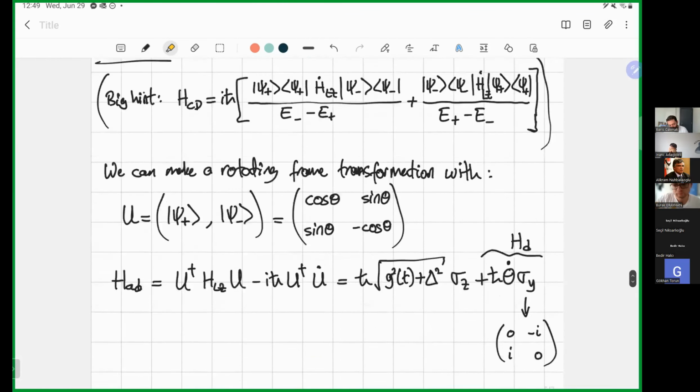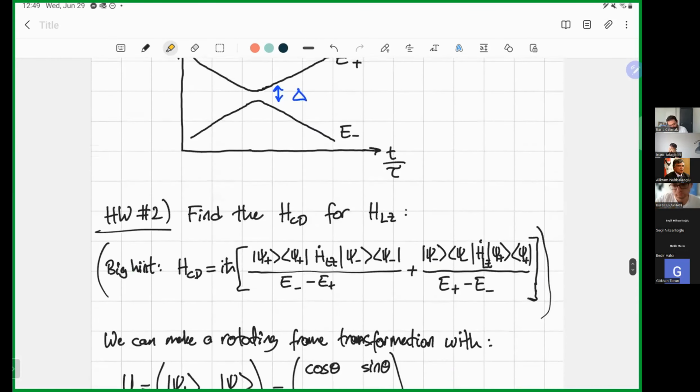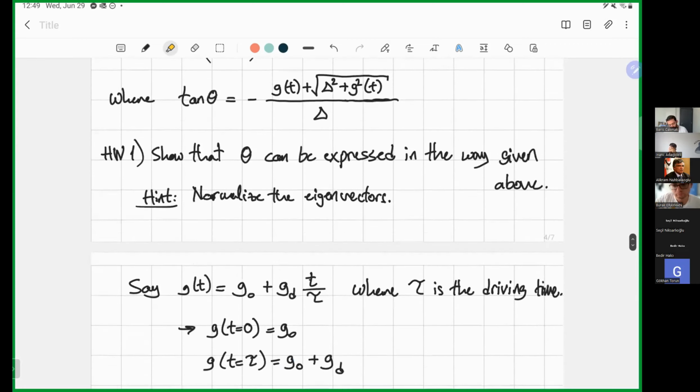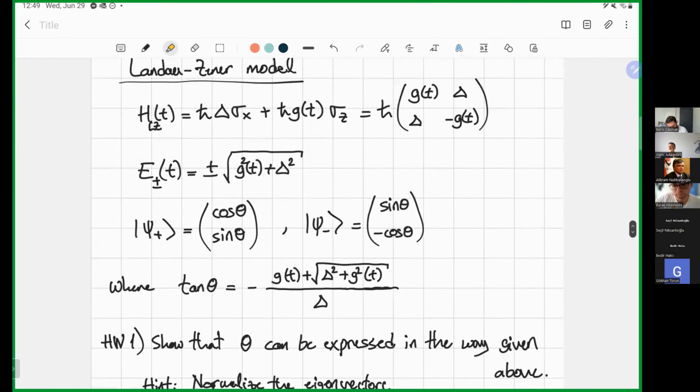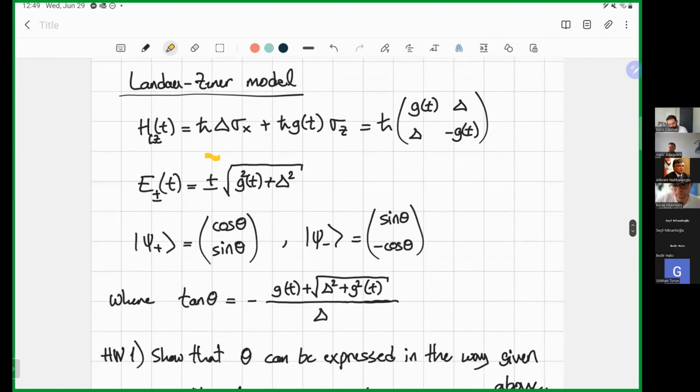Okay, so remember we have the Hamiltonian like this. So we have the sigma x, we have the minimal gap delta. We are driving along the sigma z direction. So we are changing, let's say, the magnetic field in the z direction.